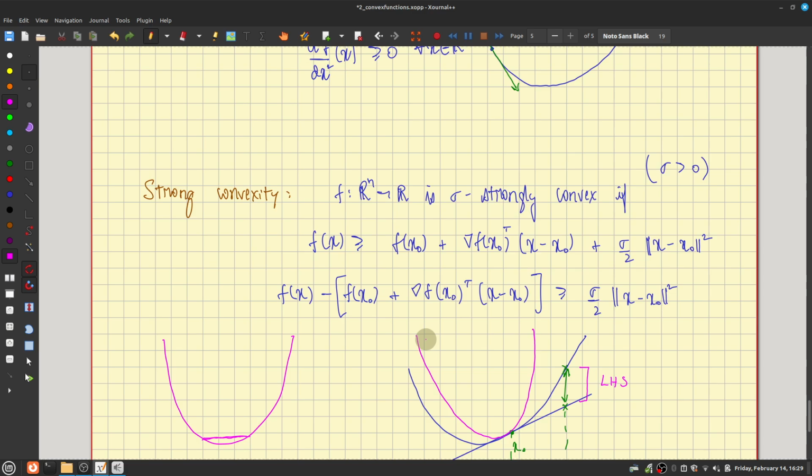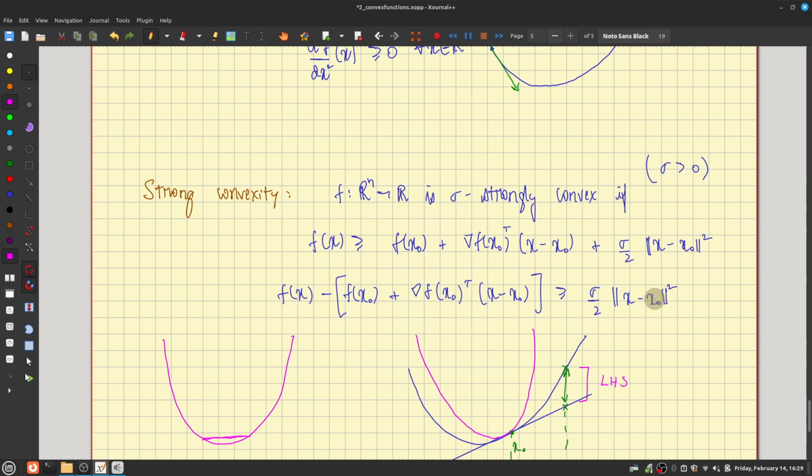If it is sigma strongly convex for some sigma greater than 0, then it is automatically strictly convex, because this right hand side is strictly greater than 0 for every x not equal to x naught. But the reverse is not true. Just because it is strictly convex doesn't imply strong convexity.